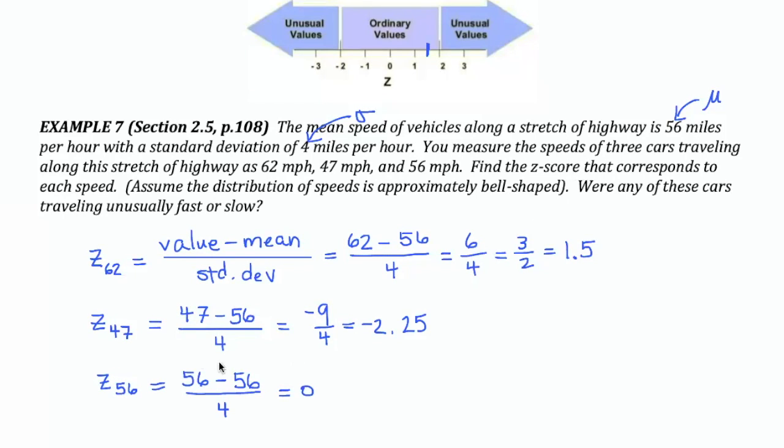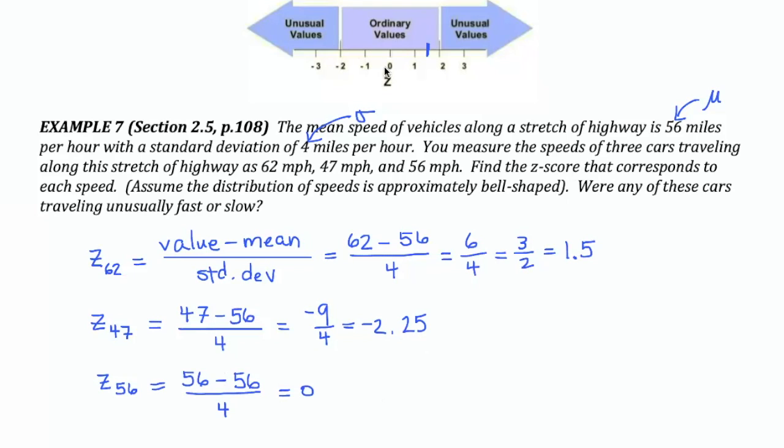I've shown you my substitution and then simplifying and the z-score I got for the remaining 2 values. 47, that speed corresponded to a z-score of -2.25. So this person was traveling at a below average speed.